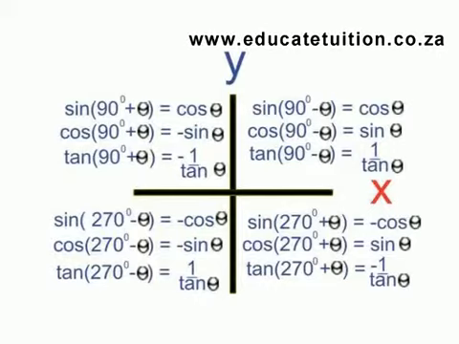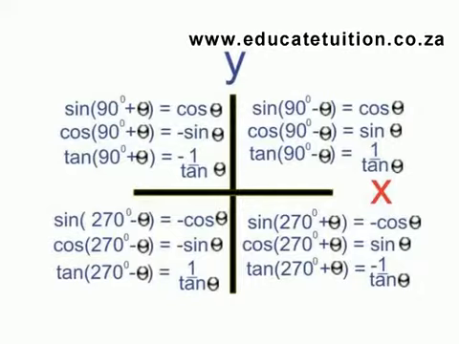Sine of 270 degrees minus theta will equal negative cos theta. Cos of 270 degrees minus theta will equal negative sine theta. And tan of 270 degrees minus theta will equal positive 1 over tan theta.